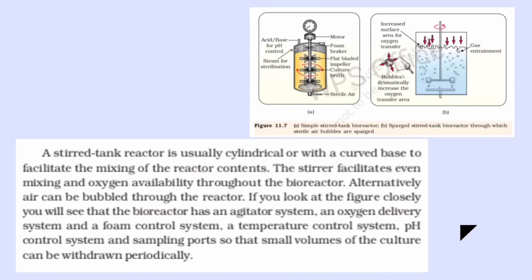Alternatively, air can be bubbled through the reactor. If you look at the figure closely, you will see that the bioreactor has an agitator system, an oxygen delivery system, a foam control system, a temperature control system, a pH control system, and sampling ports so that small volumes of the culture can be withdrawn periodically.